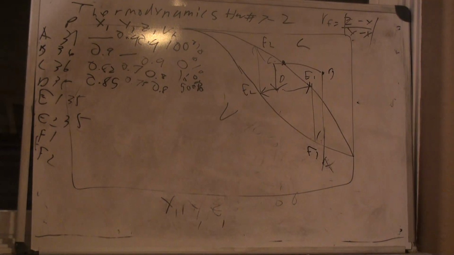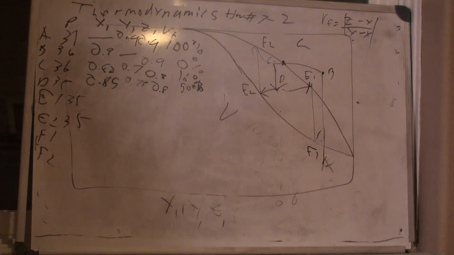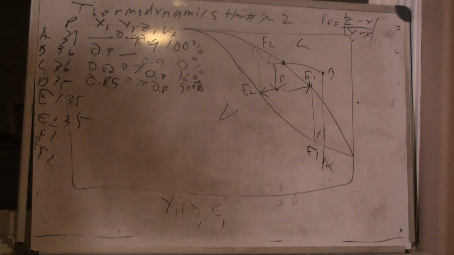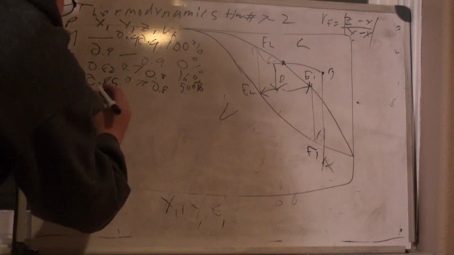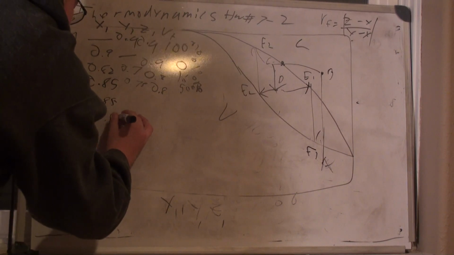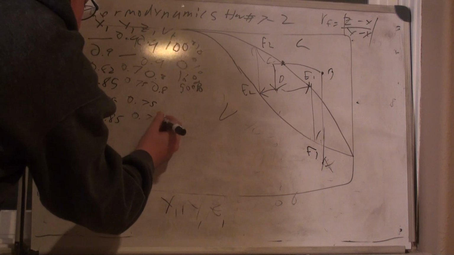Because I know they're in equilibrium, I have to know all the compositions. It's just the way it works. And so these haven't changed. This is still 0.85. This is still 0.75.